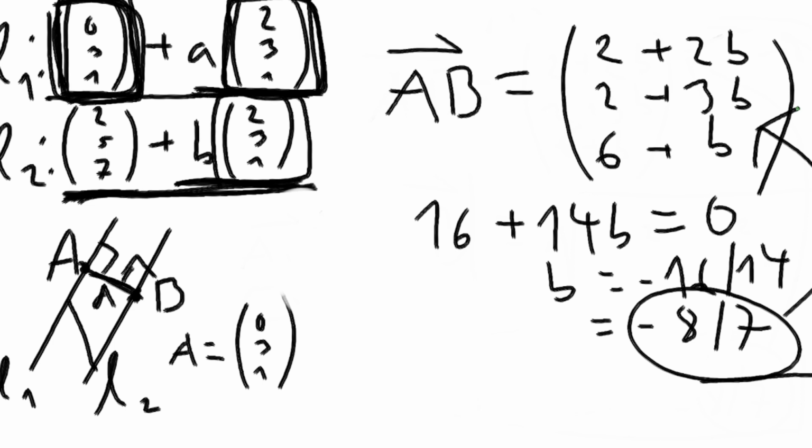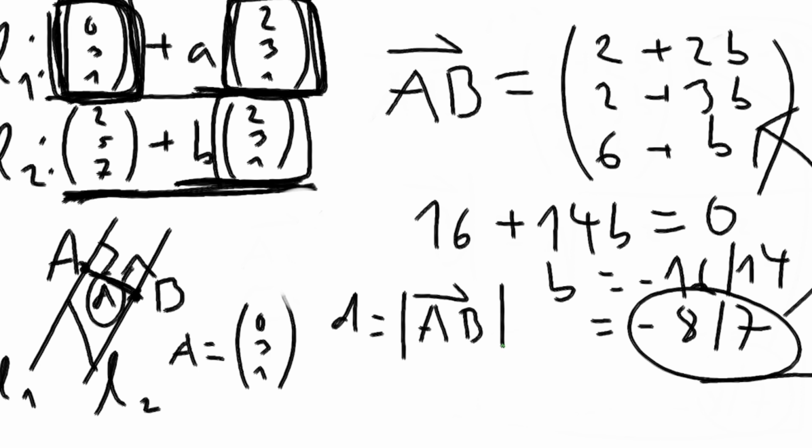And to get the distance, denoted as small d usually, as we see right here, we take the magnitude of this AB vector. So we got the vector which precisely is perpendicular to both of the lines, because its dot product with their directions equals 0.